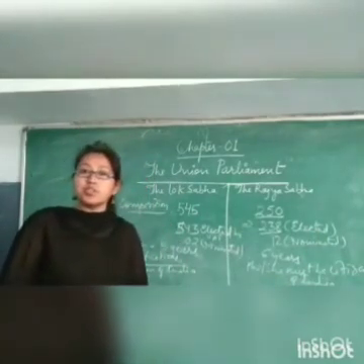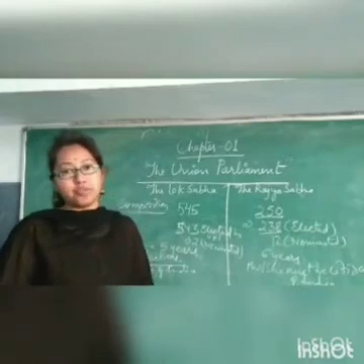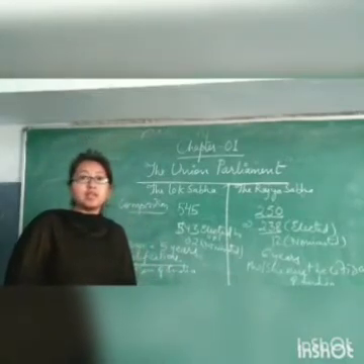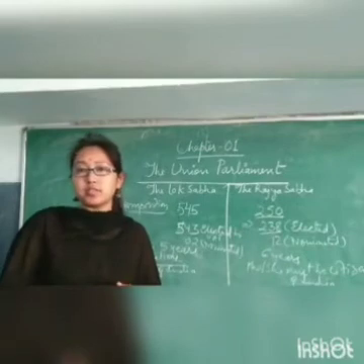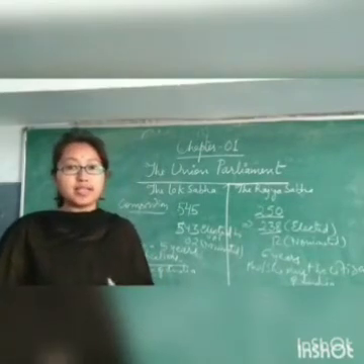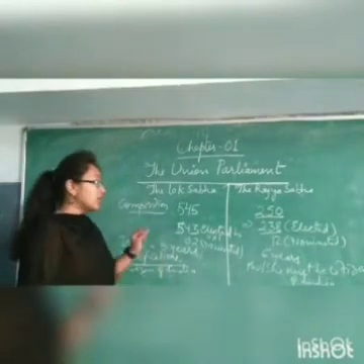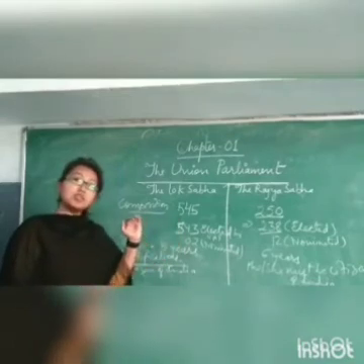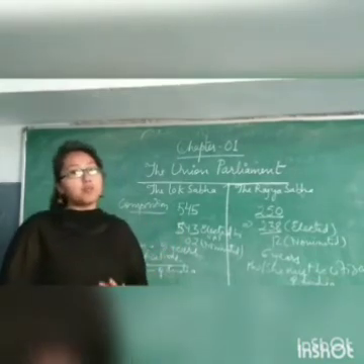Second qualification is he or she should not hold an office of profit. So the person cannot hold 2 offices under the government at a time. That person must not hold an office of profit.